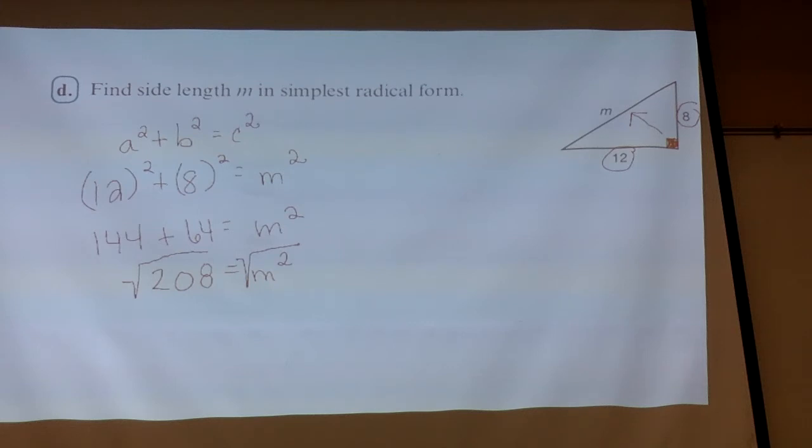Okay, so I need two numbers that are going to give me 208. And there's not an exact number. It doesn't have a perfect square. So what we need to do is factor and play around with numbers a little bit and think about things that you can multiply together. I know that 12 times 12 will give me 144.